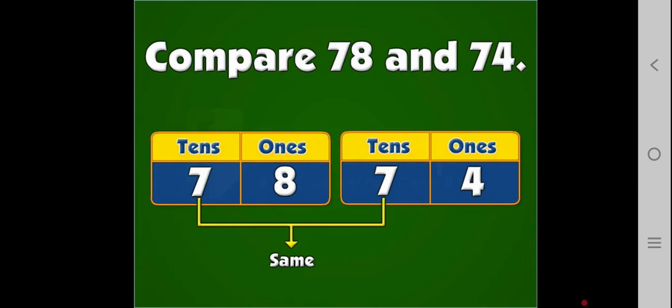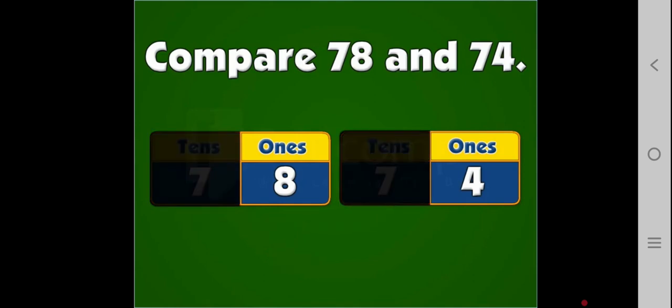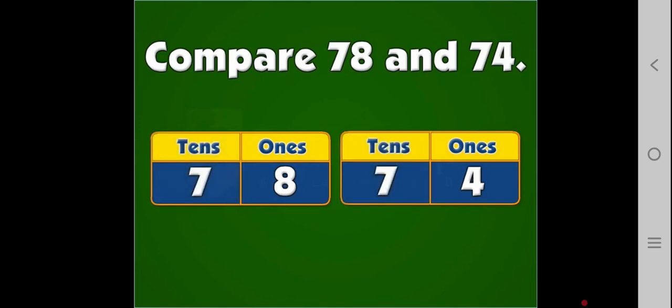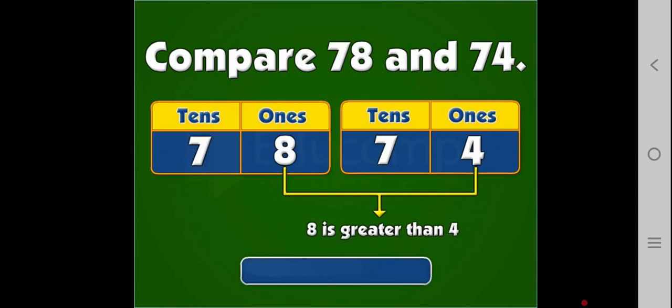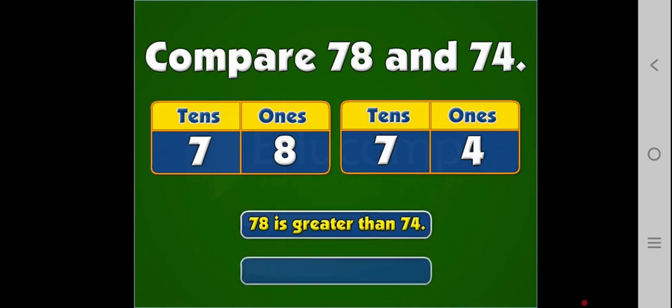Remember, we first compare the numbers in the tens place. If they are the same, we then compare the number in the ones place. In this case, if we compare the number in the ones place, 8 is greater than 4. So, 78 is greater than 74. This also means that 74 is smaller than 78.